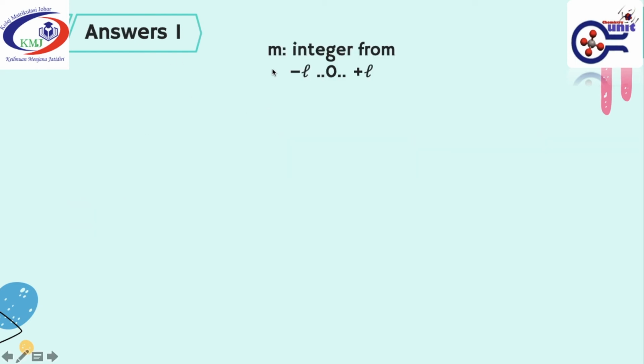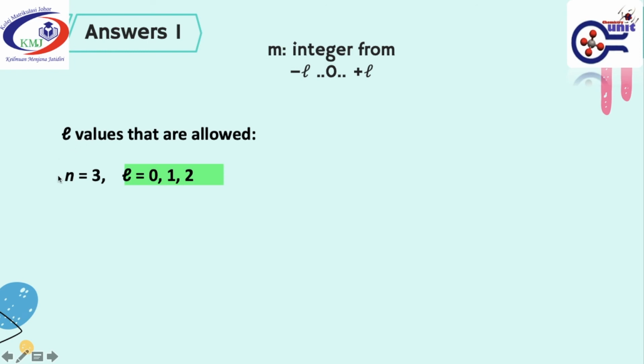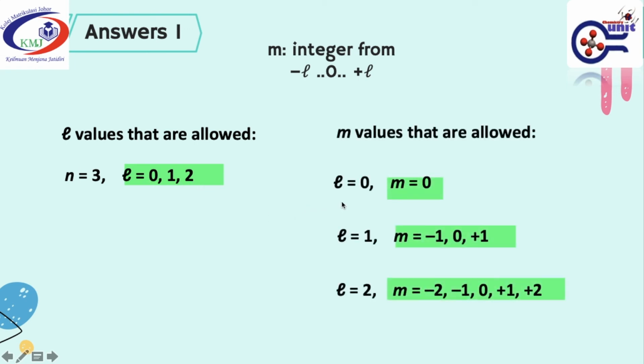Remember that m must be integer from negative L, 0 to positive L. So when n is equal to 3, L must be 0, 1 and 2. And m values are according to the values of L.